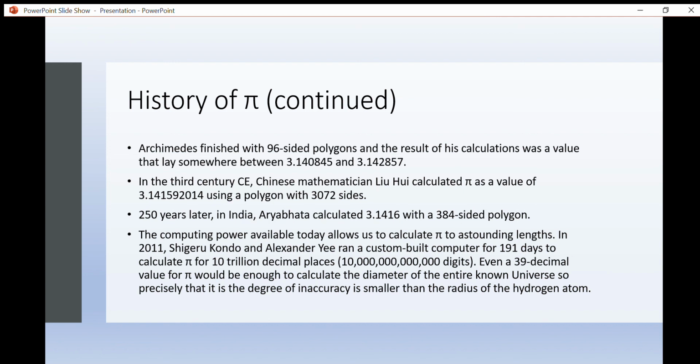So the radius of the hydrogen atom is already very, very small. If the degree of inaccuracy is smaller than that, then it would be so accurate because it had 10 trillion decimal places. That would make it so accurate that you could calculate the diameter of the entire known universe this precisely.